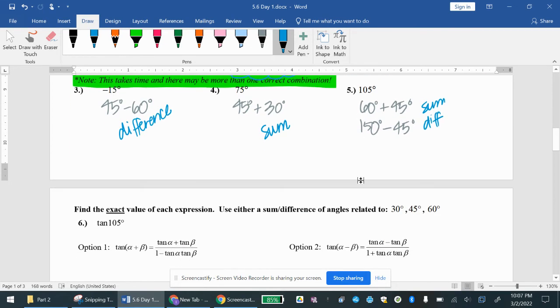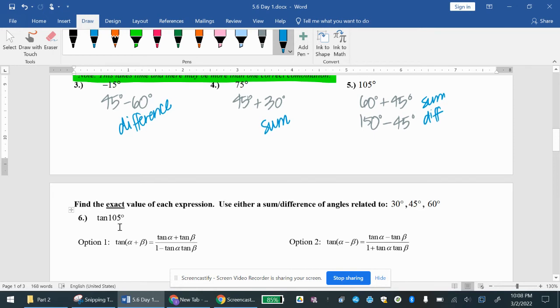All right, so again, the goal is, guys, from now on, I'm going to give you a trig expression to evaluate or simplify. Okay, so for example, I'm asking you to find the tangent of 105. Well, 105 doesn't have a reference angle of 30, 60, or 45.